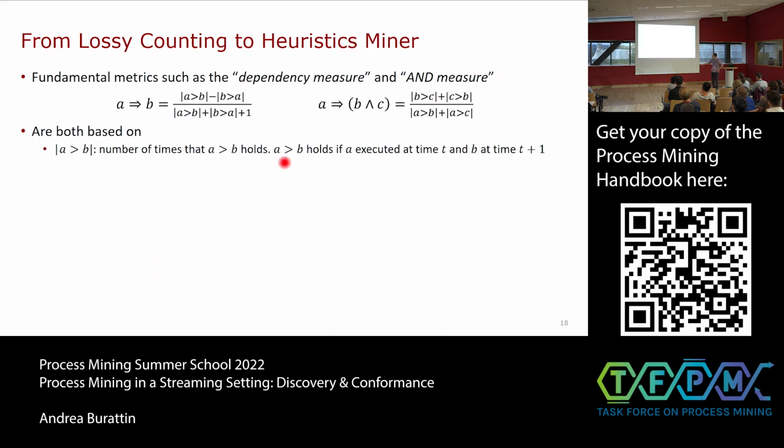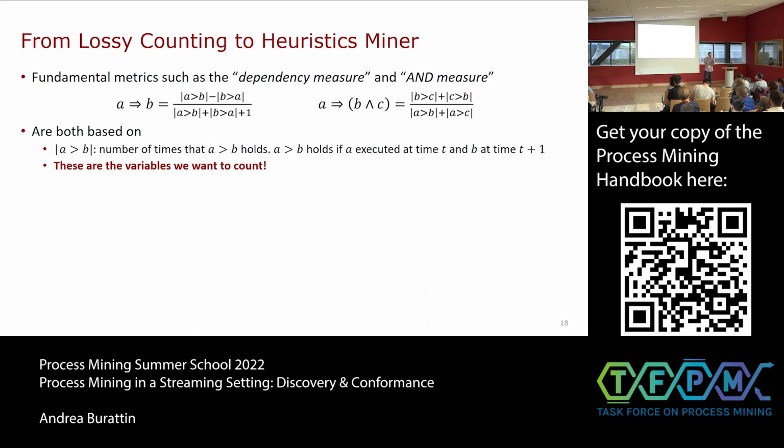These relations basically say how often activity A has been seen directly before activity B. So the intuition is that these are the variables that we want to count: how often two activities happen one after the other.